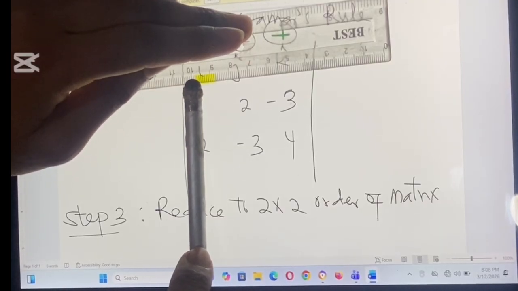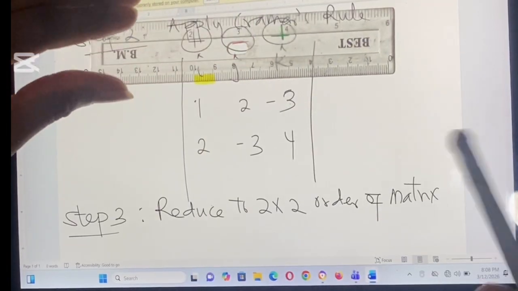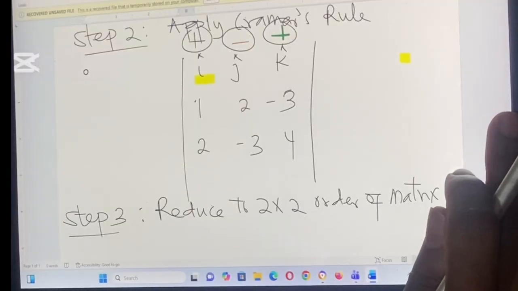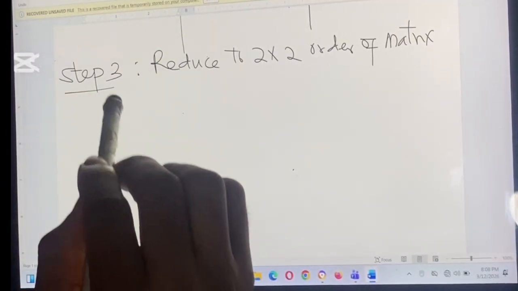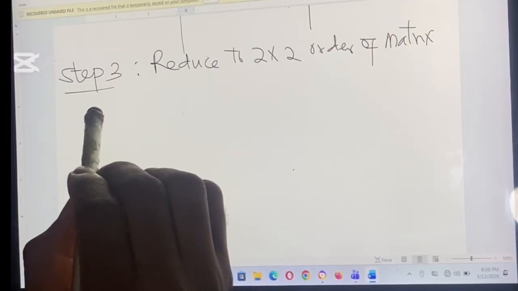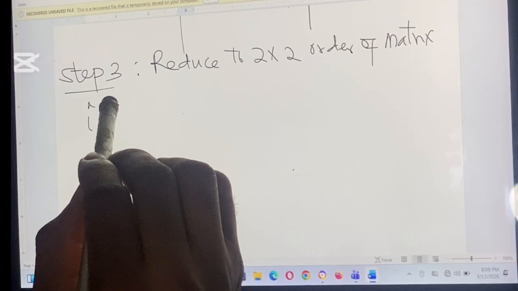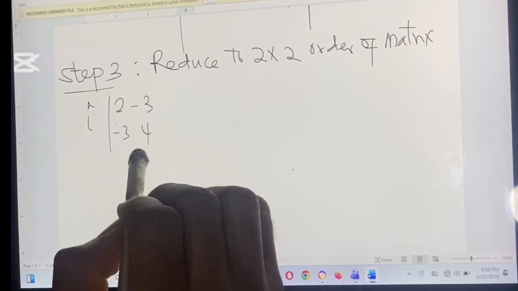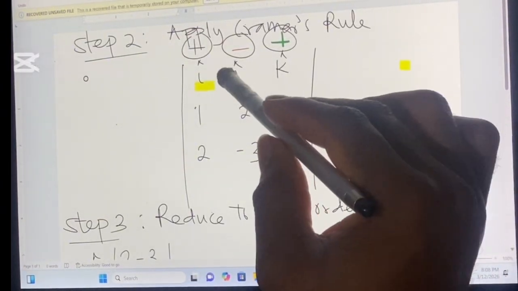When you do that, the values I'll be seeing are 2, minus 3, minus 3, 4. Please take note. When you do that, the vector i will be reduced to 2, minus 3, minus 3, 4. So let's take the next one here. Plus the next one here is vector j, not only j, minus j though.